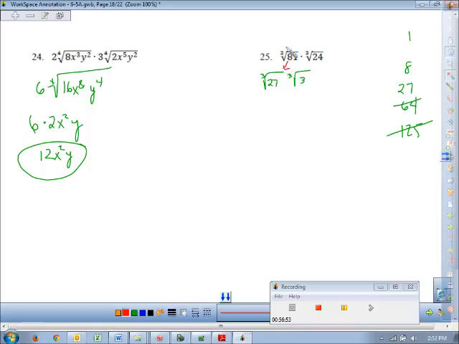How about 24? What's the biggest perfect cube that goes into him? 8. How many times? 3. So see if you can clean that up. You got a couple of perfect guys and a couple of non-perfect guys. Really have this.